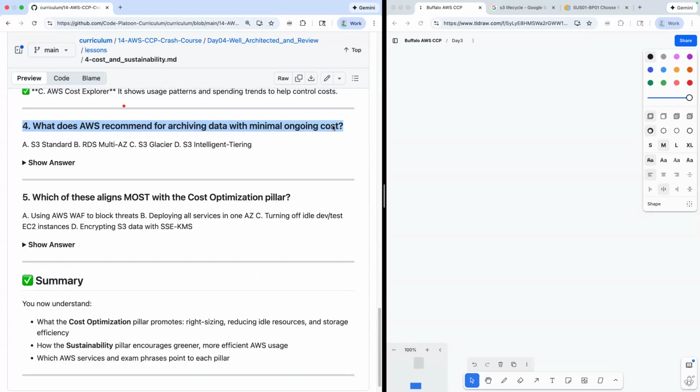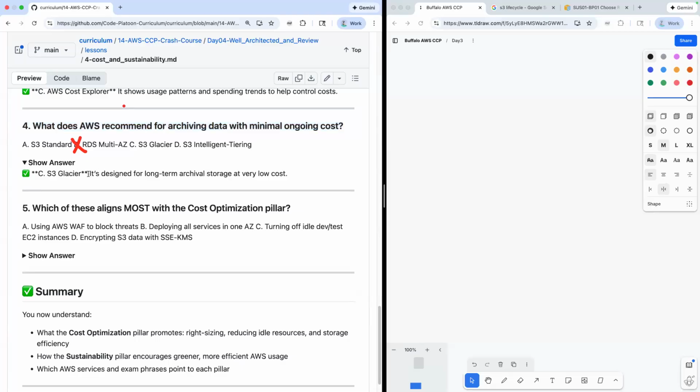I think we can scratch off B with the RDS, and I don't remember what S3 standard was. I'm stuck between Glacier and Intelligent right now, because they both use the infrequent data. I don't know. I'll probably go with option D.